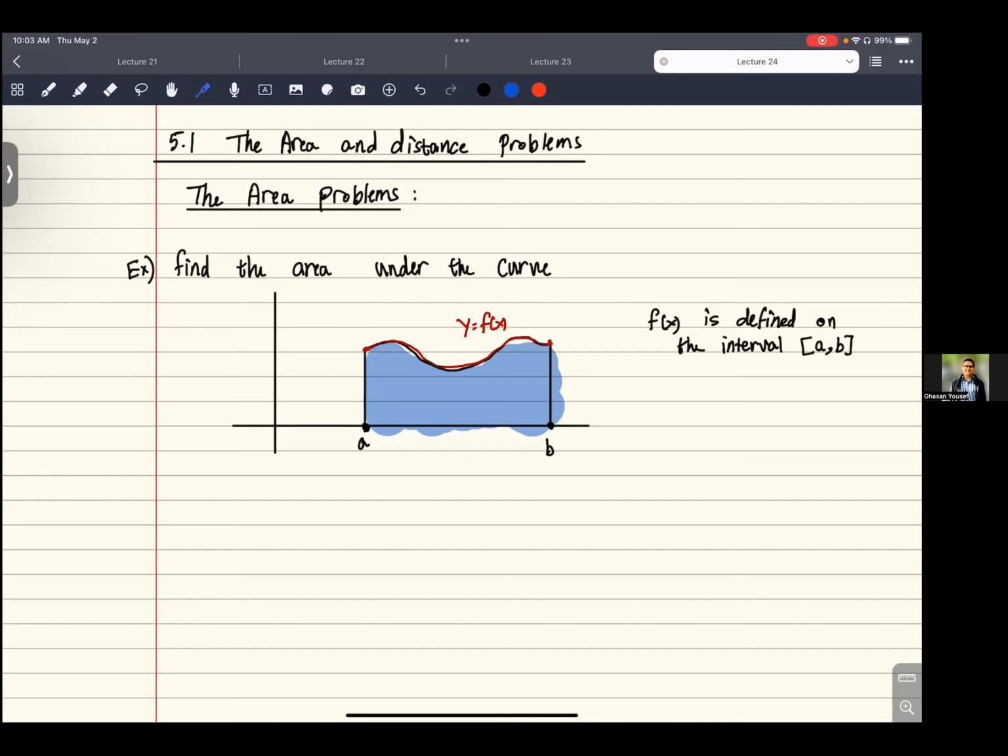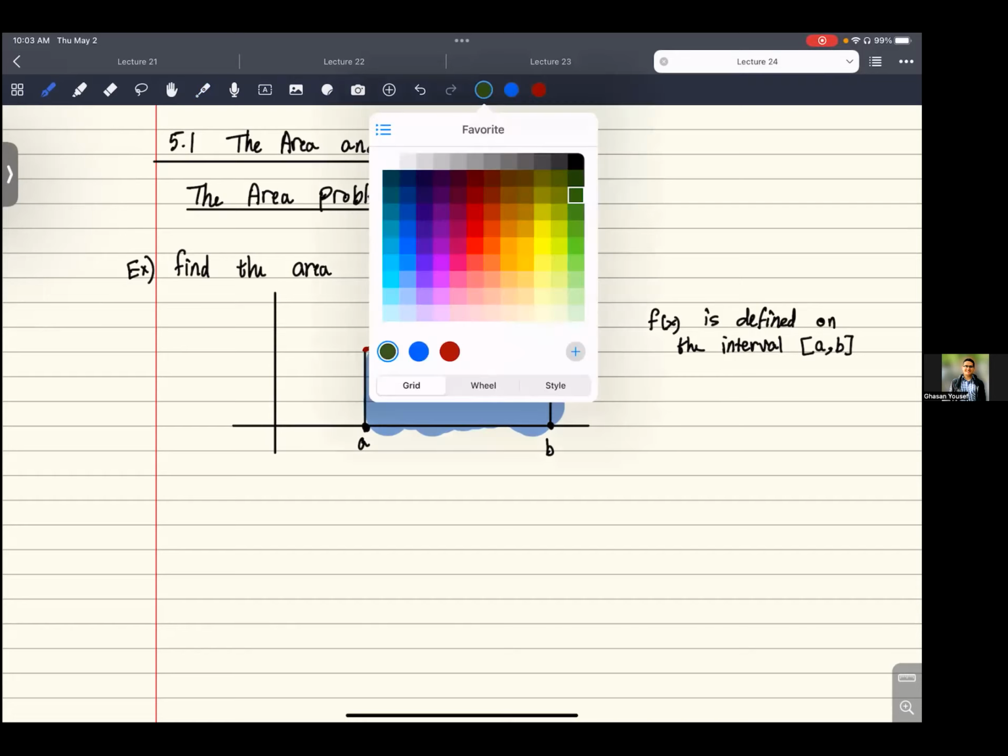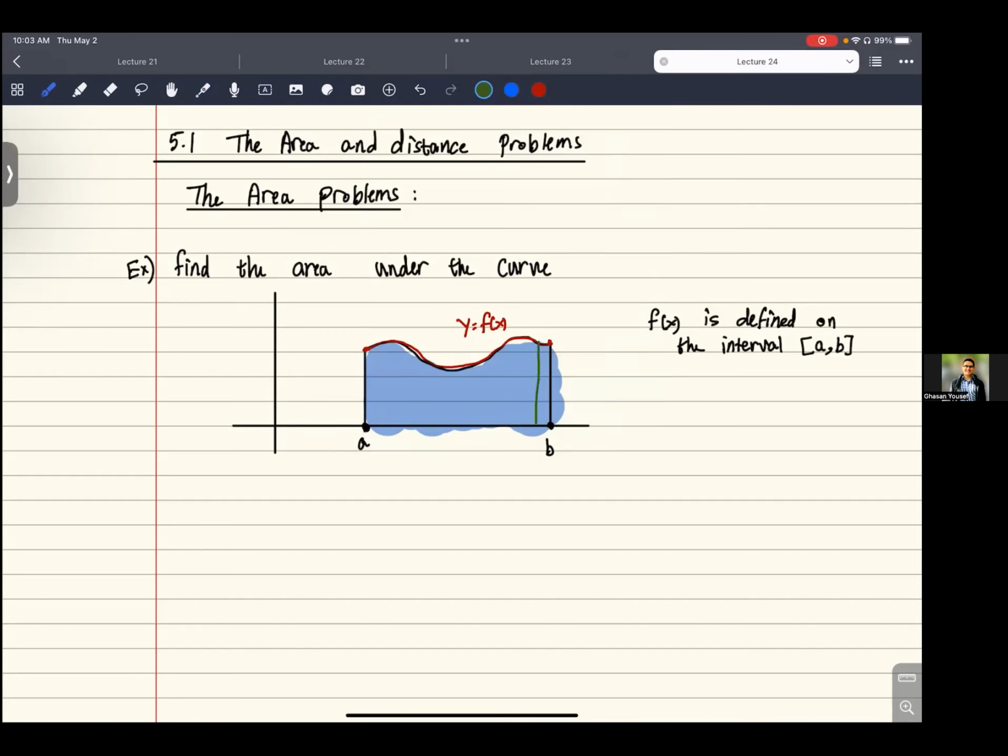So if I want to divide this area into rectangles like that, these are rectangles. This is the first one, this is the second one, this is the third one, and dot, dot, dot, up to here.